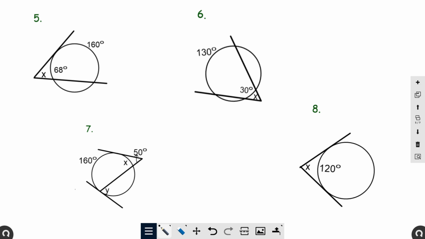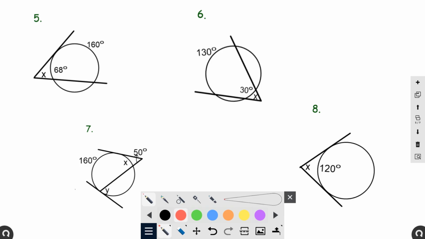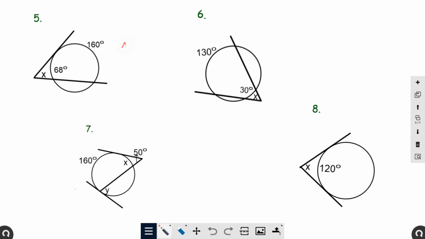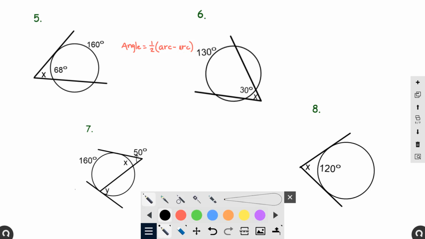Now, think about where the angles are. Do we have 2 chords where it's inside, or is this one outside? This one's outside. So if it's outside, the angle equals 1/2 arc minus arc. So what's my angle?